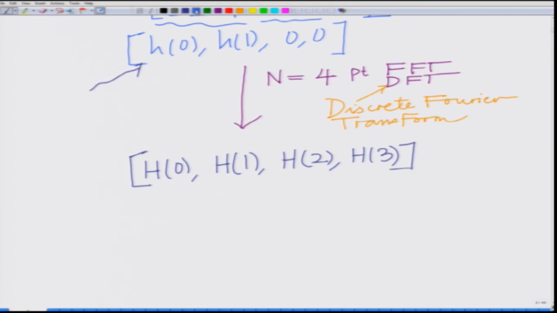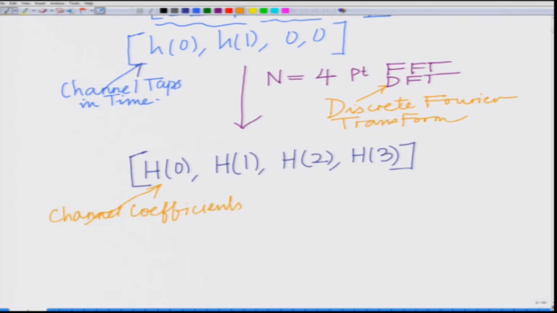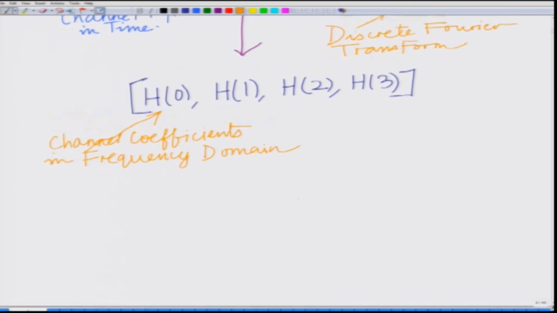So these are the channel taps in the time domain, and these are the subcarrier channel coefficients in the frequency domain.